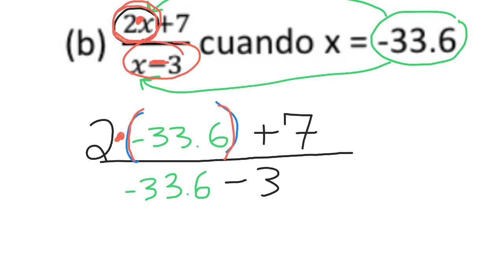Two times negative, that's the plus and then minus on the phone. 2 times negative 33.6. 67.2, and it's negative still. So we have negative 67.2. And we're going to copy the rest of the expression.